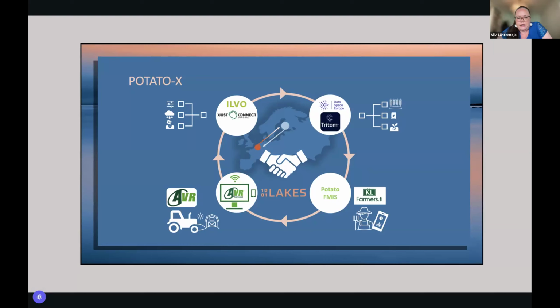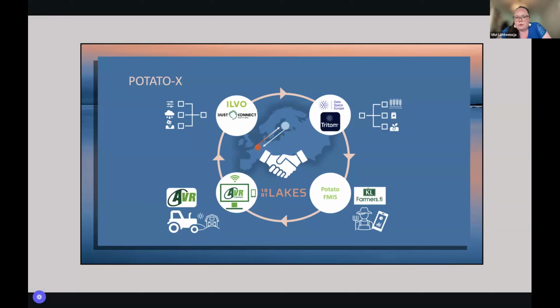Now, the AVR Connect service is integrated with Ilvo's Just Connect platform, an intermediary service which is specialized in agricultural sector data. On the other hand, on the right-hand side, the FMIS of Peter, our farmer, is connected with the Tritom service, which is an intermediary service by Dataspace Europe, at the moment focusing specifically on agricultural data as well.